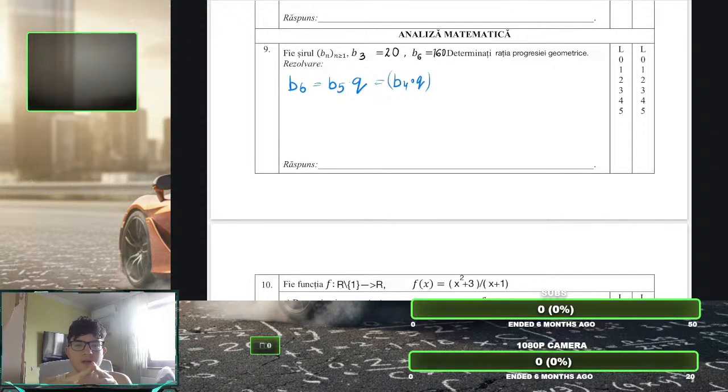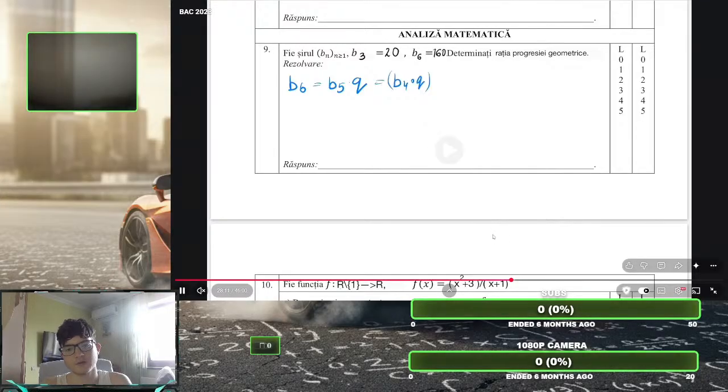We've got B3 is 20, B6 is 160. So we have to understand how it goes. B6 is B5 times the ratio, so that is Q, so that is also B4 times Q times Q again.